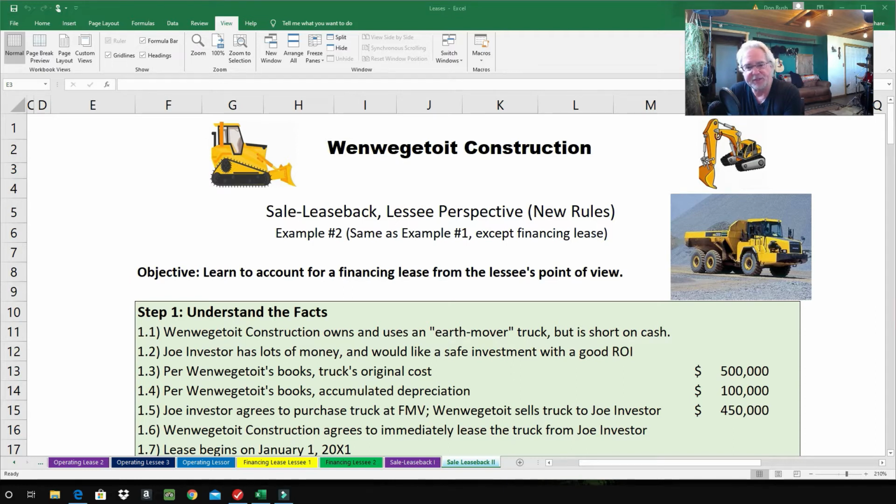So the way this all works is that we have some new rules for accounting for leases. These are new rules. They just have been enacted in the last 2 years or so. In the past, companies would go to great lengths to have their leases classified as operating leases.